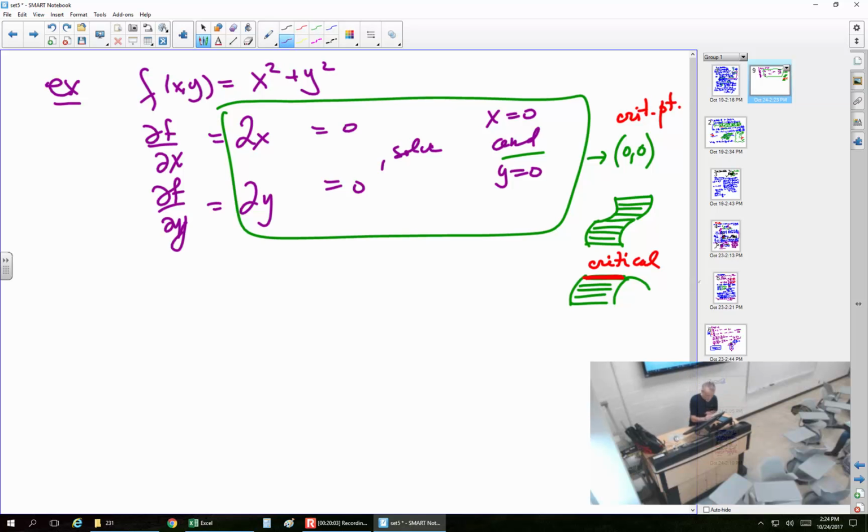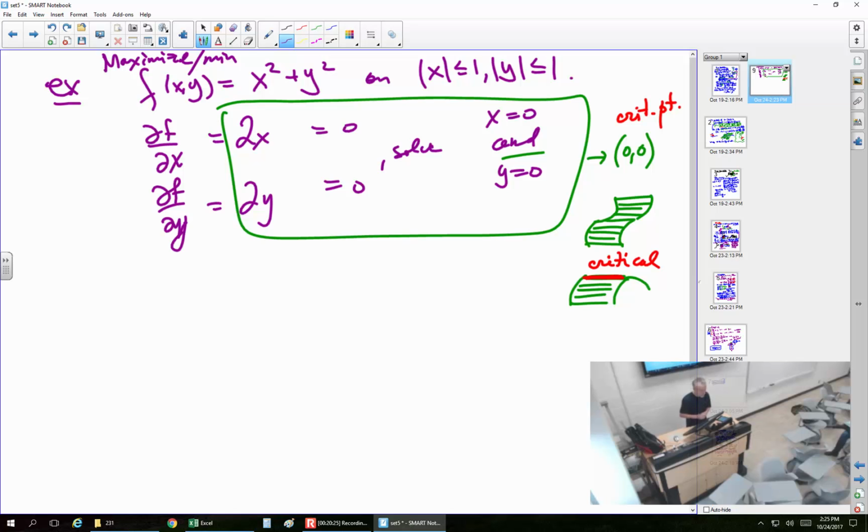But okay, I didn't put it correctly. What I meant is to maximize or minimize this function on a square: x between -1 and 1, and y between -1 and 1. So that extra condition makes a difference.